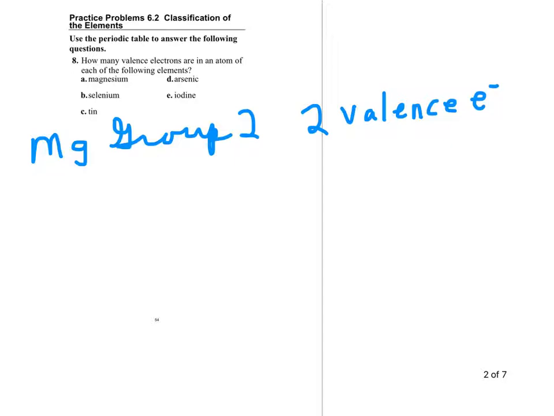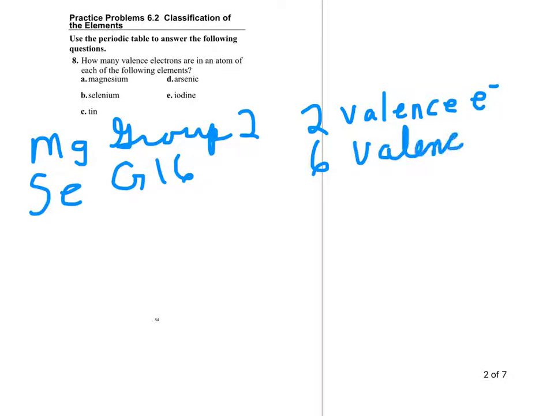Selenium, symbol Se, is in group 16, which means group 16 has 6 valence electrons.